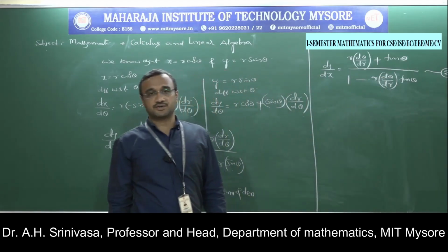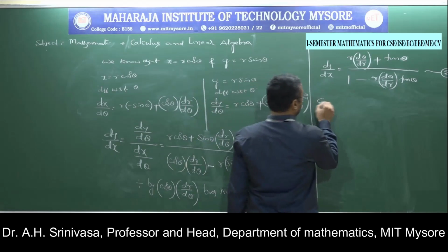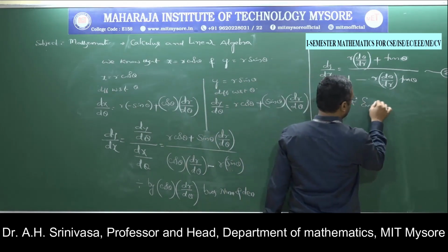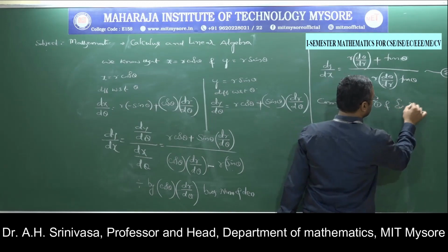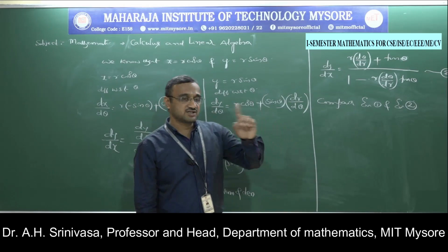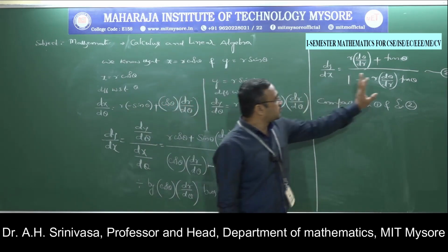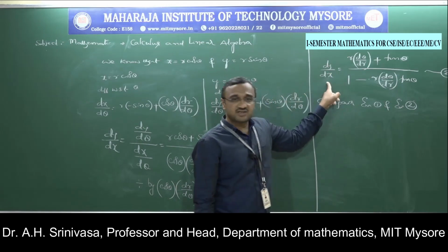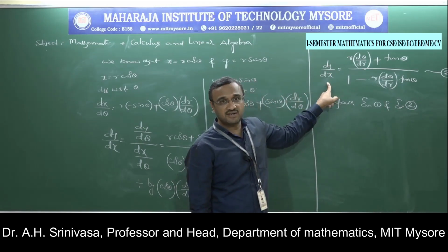Now compare equation 1 and equation 2. What do we get here? Both LHS are the same, both having dy by dx.